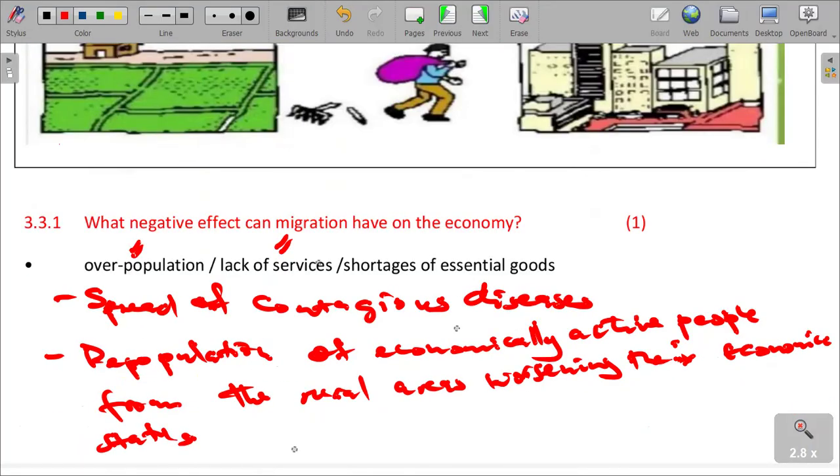So if they move and leave these places, we are vulnerable to problems of what? Of extensive dependence of the aged, because there is no contribution of labor and service coming from the active population, because they have migrated.